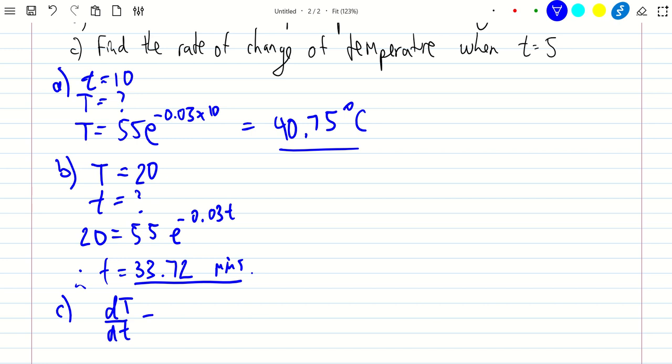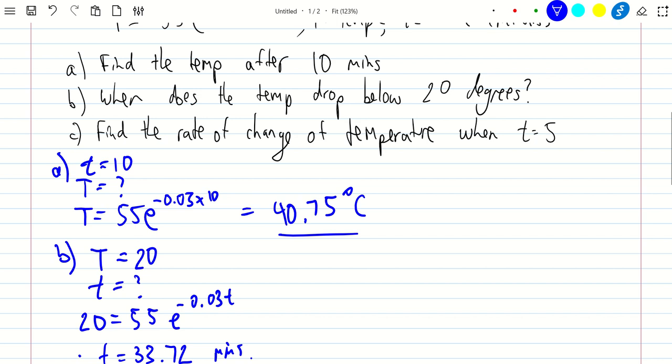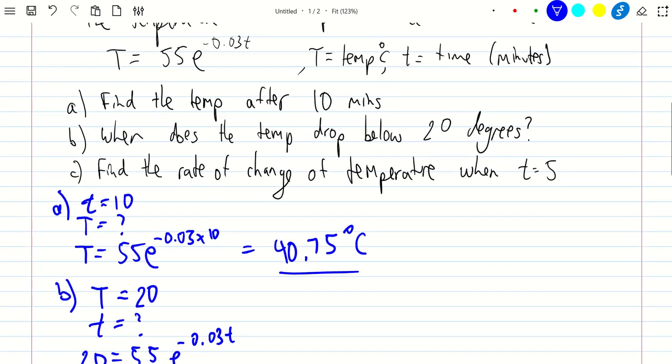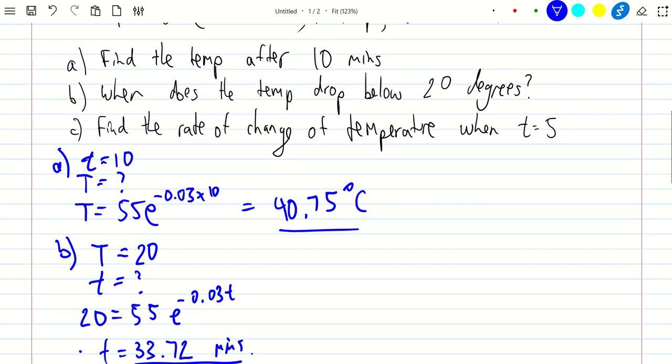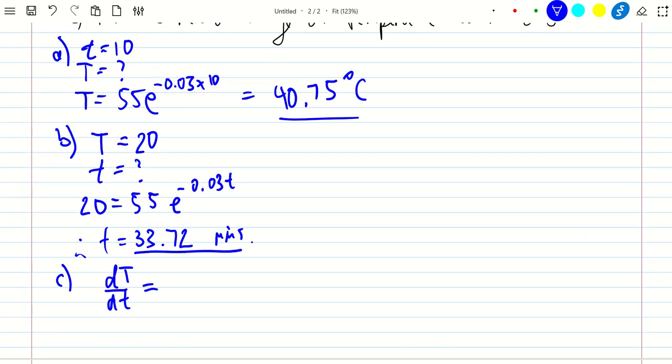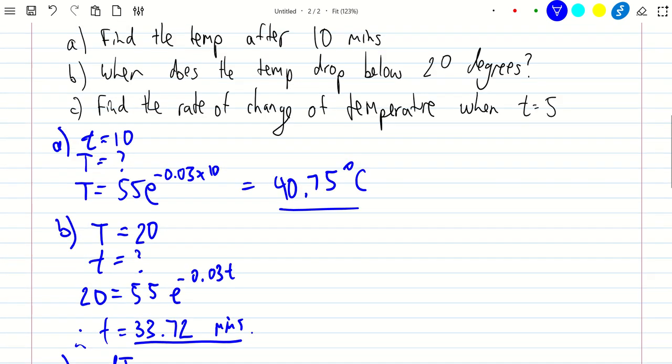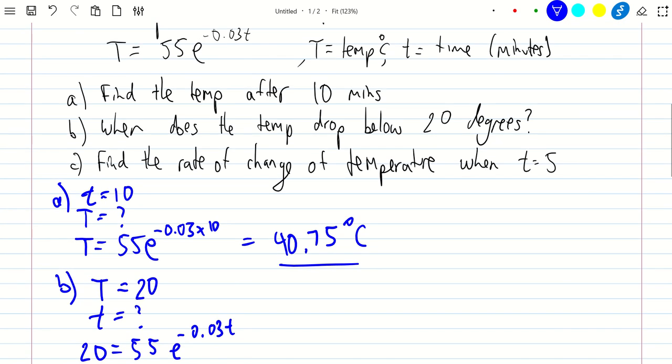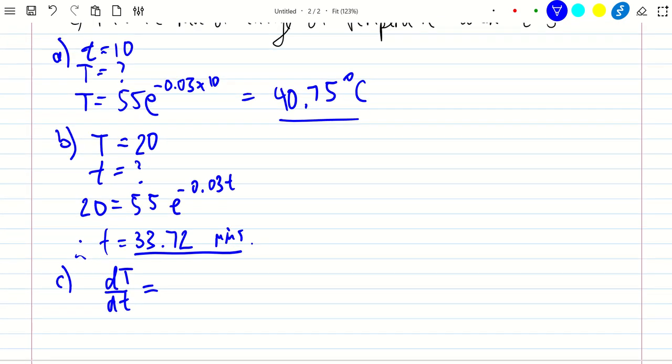Okay, so let's find the derivative dT/dt. So remember when we're differentiating e to the power of something, it stays the same as e to the power of something, but we need to multiply it by the derivative of that something. So dT/dt is 55 e to the negative 0.03 t.